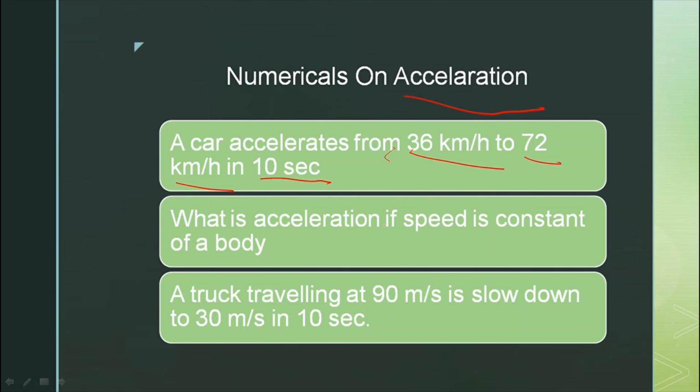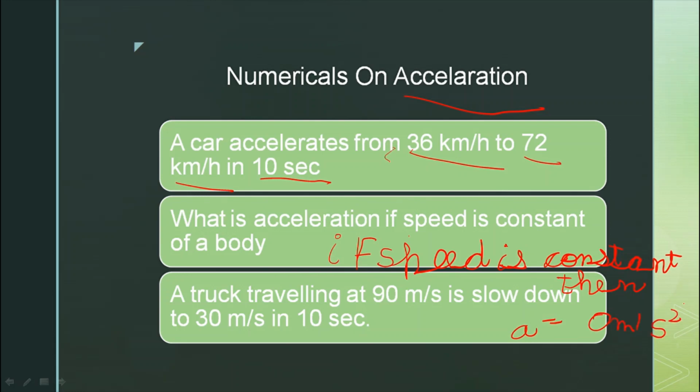So if speed is constant, this is a very important point. If speed is constant, then acceleration equals to 0 meter per second square.